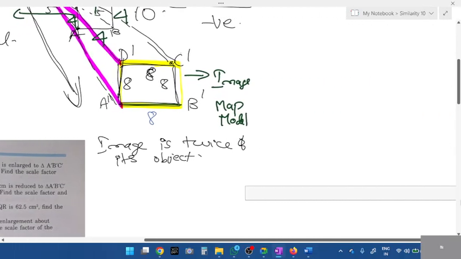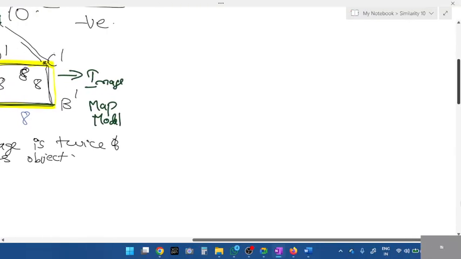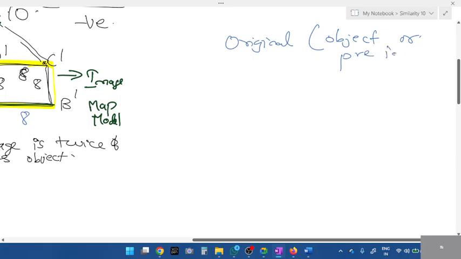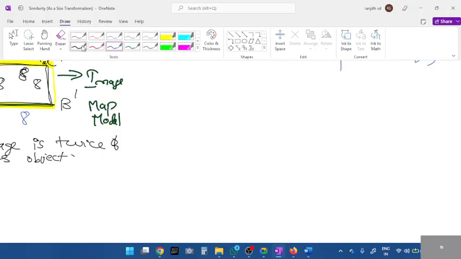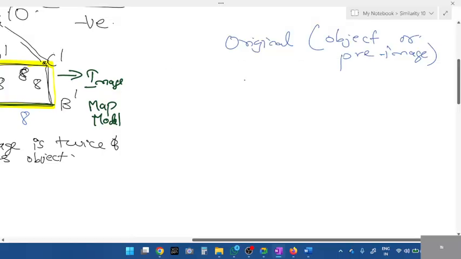The original value, we call it as object. Take down the different names: for the original value, we call it as object or pre-image. Whatever we explain now, students, even if there is confusion, just ignore. Only the formula is important now.